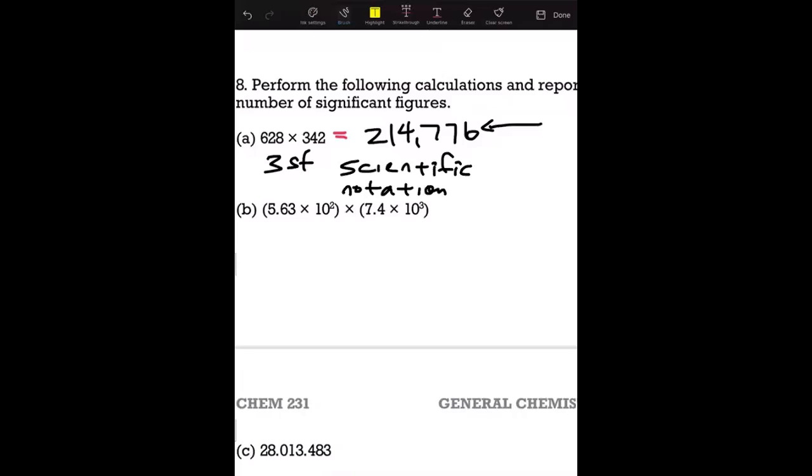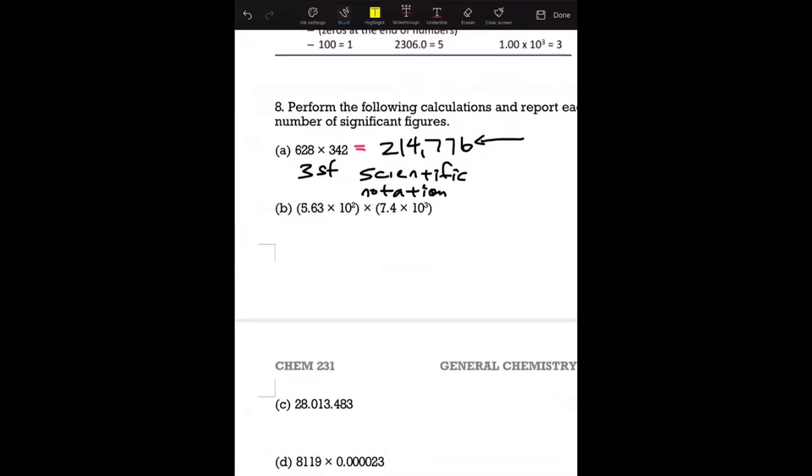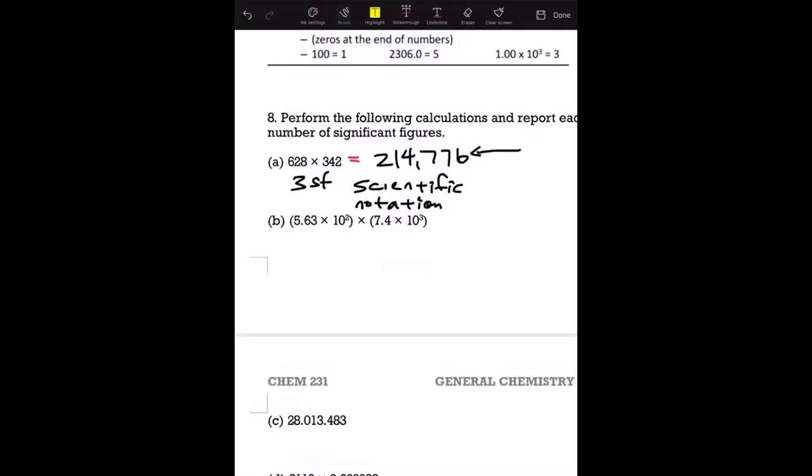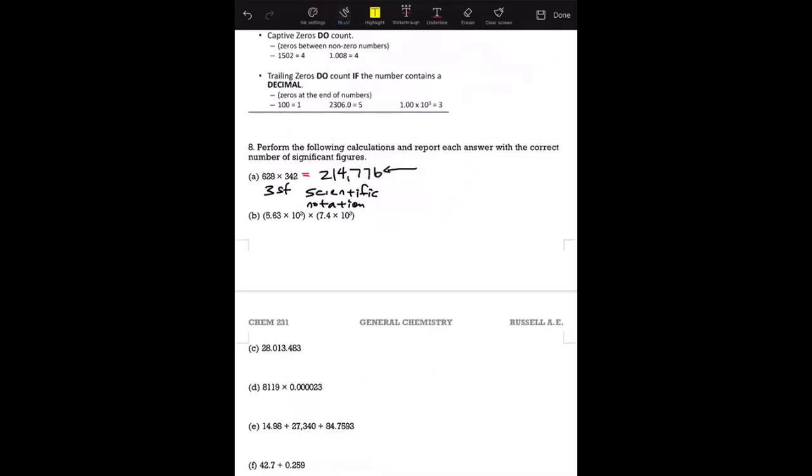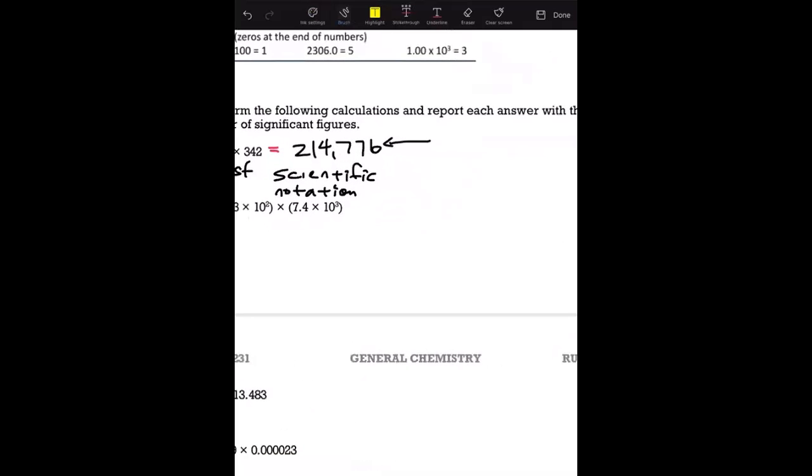So in scientific notation, we start at the 6 and move over until we get to this: 2.14776 times 10 to the what? 10 to the 5th.